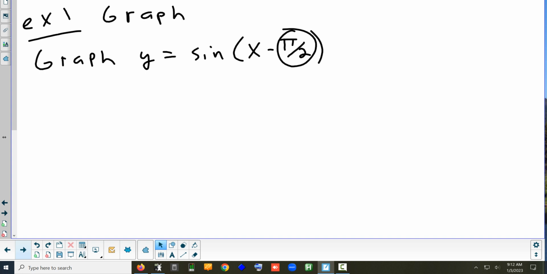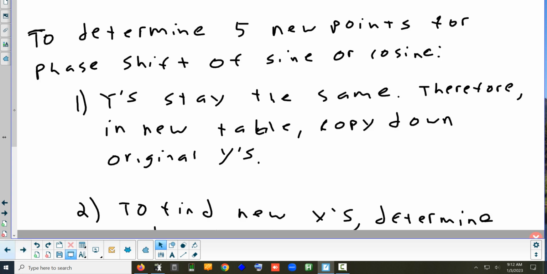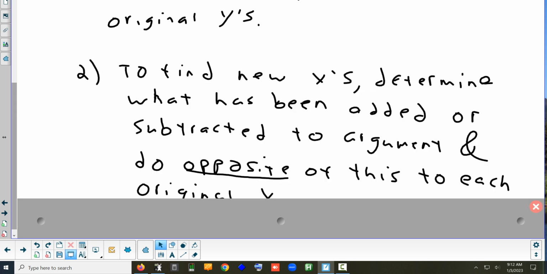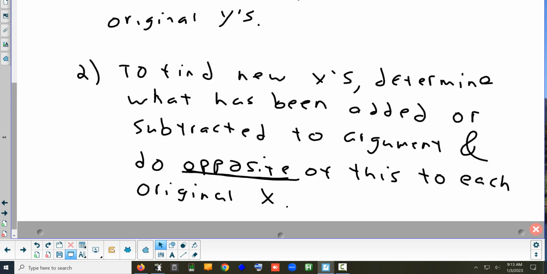The x value gets smaller. So if you see a plus here, you need to do a minus to all the x's. So this is one of the transformations that you need to do the opposite. If you don't do the opposite, it's going to shift the wrong way. Plus needs to go to the left, which means you need to make it smaller. Minus needs to go to the right, which means you need to make it bigger.